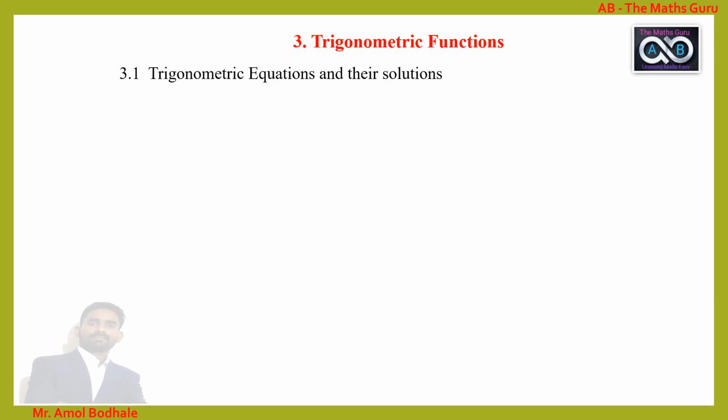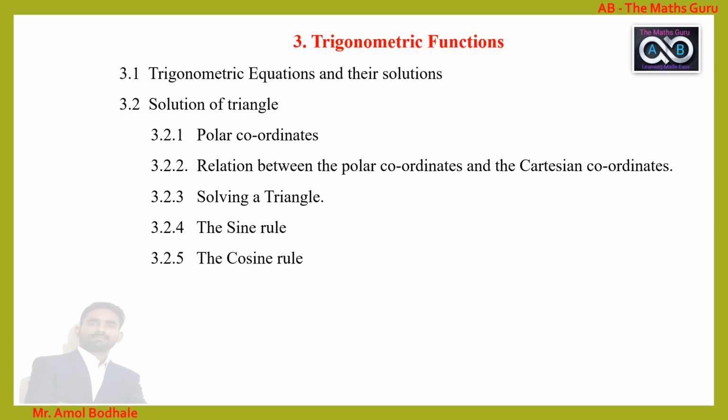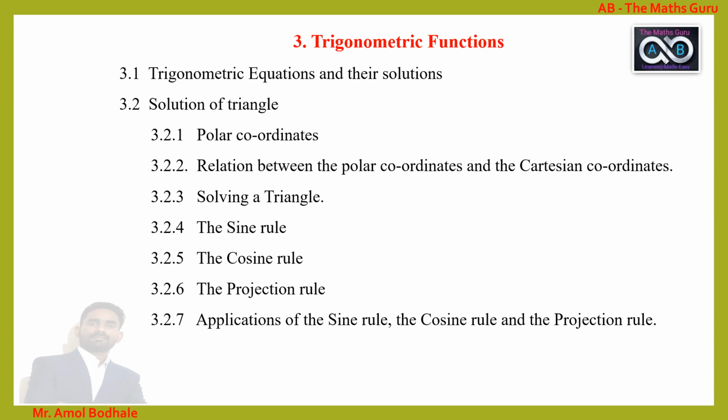So in this chapter there are units. The first unit is trigonometric equation and their solution. The second unit is solution of triangle. And in this unit there are some subunits: polar coordinates, relation between the polar coordinates and the Cartesian coordinates, solving a triangle, the sine rule, the cosine rule, the projection rule, application of sine rule, cosine rule and projection rule.